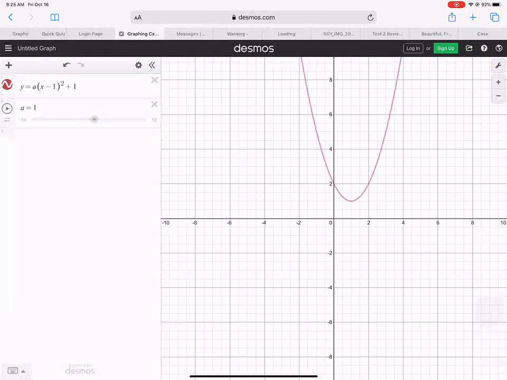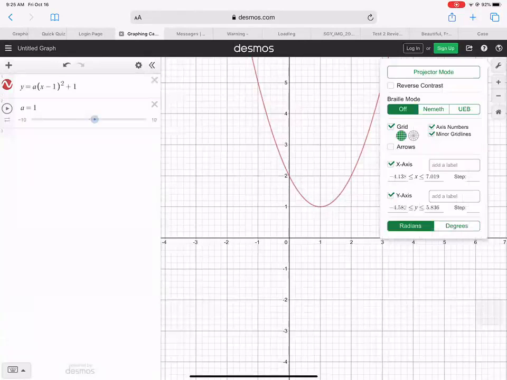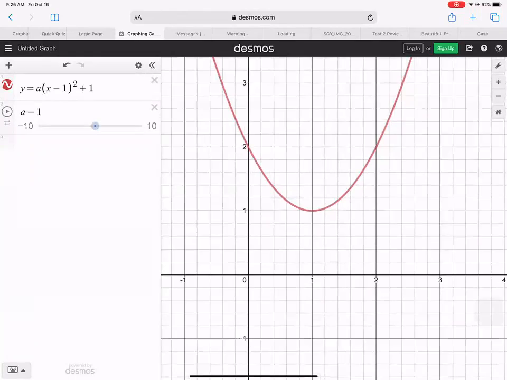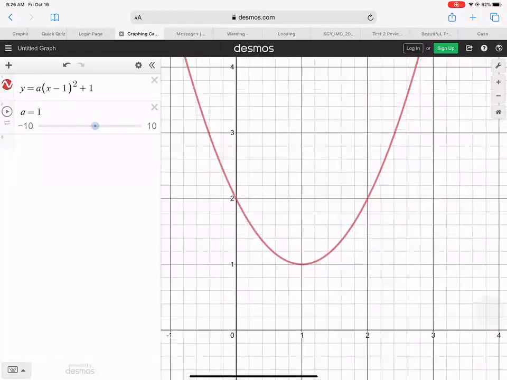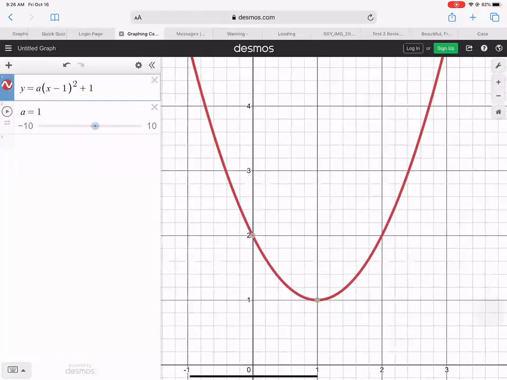Okay, stick a slider for a. So I'm going to zoom in for you guys so you guys can all see this. Okay, so all the big boxes are one step. So from my vertex, if I take one step over to the right and one step up, my a value is 1 like you guys see.